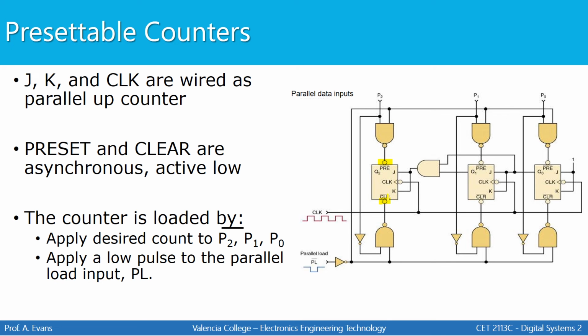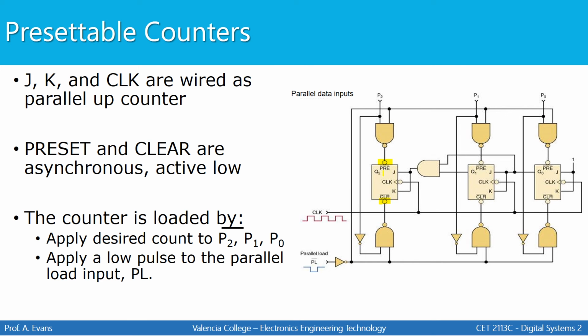If I want to clear the flip-flop and force the output to be 0, I have to send a low signal to that input because it's labeled as an active low input. So I can't use these inputs unless I send the right signal. They're both labeled as active low inputs, so I have to send a low to either one of these if I want to use that particular function.